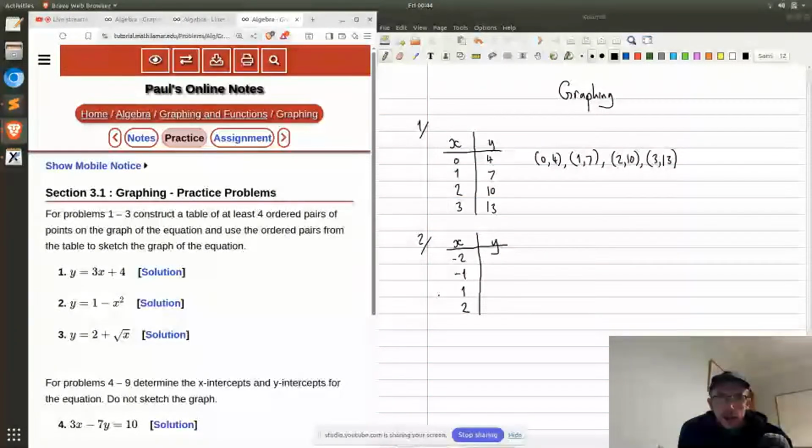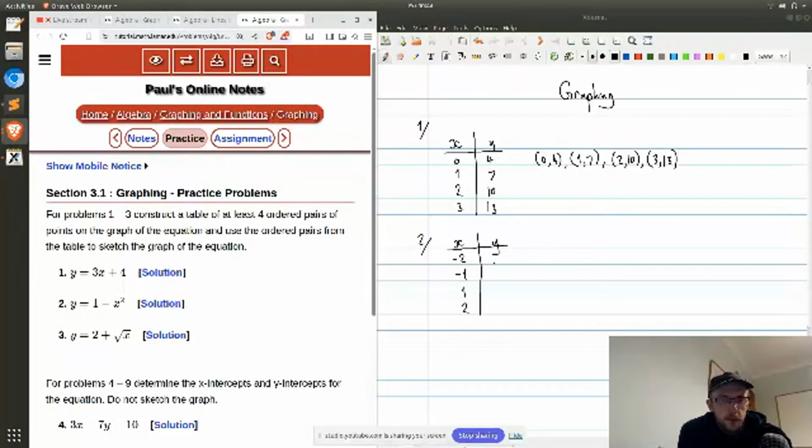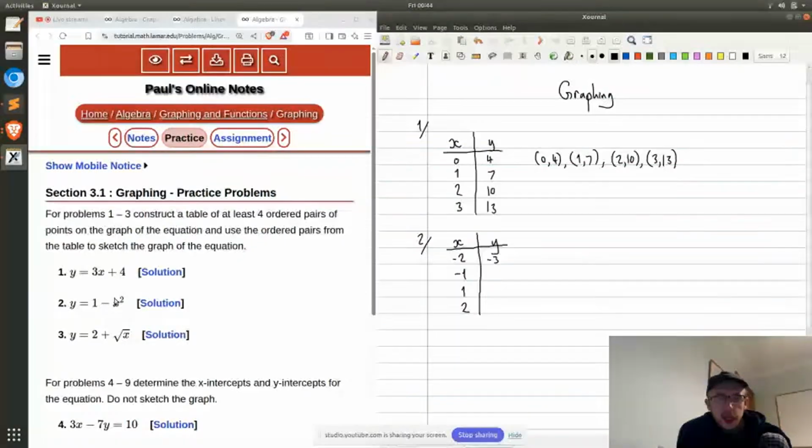So here I go. If I put -2 in there, I'm going to get 1 minus 4, which is -3. If I put in -1, I'm going to get 1 minus 1, which is 0. And then these will be totally identical. So these are the points that we would actually end up plotting in the end.